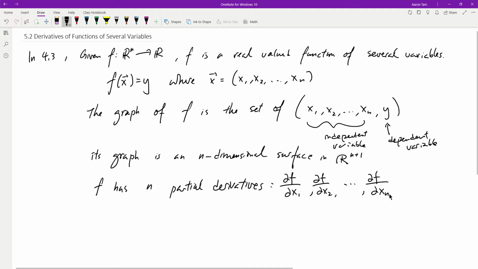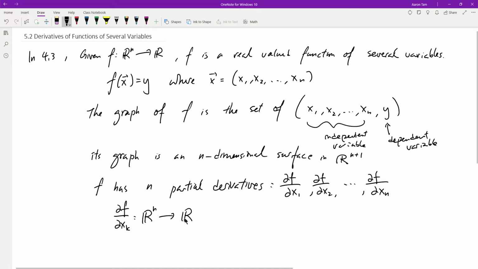And remember, we have this little scripted d to indicate partial derivative. An interesting thing about a partial derivative is that it is the same type of function as f. So each of these partial df over dx sub k is a function that maps from Rn to R.